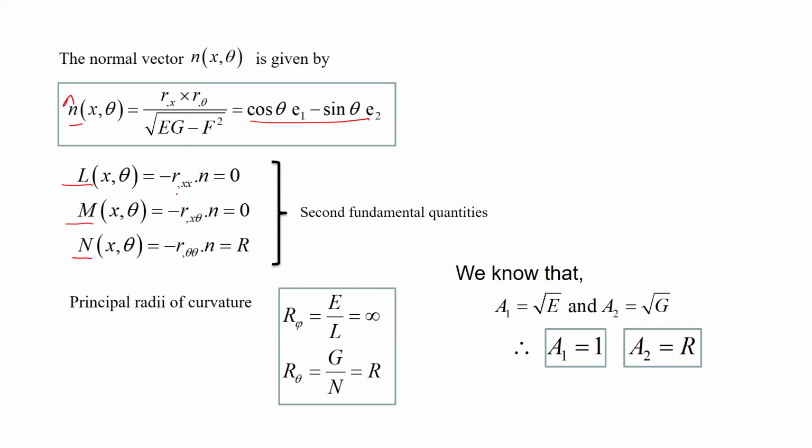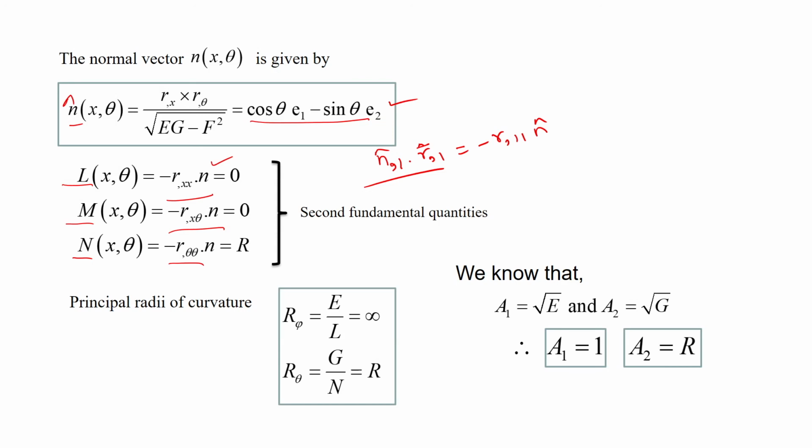So, L can be found using, in actual, n comma 1 dot r comma 1, if you remember. I told you that it can be reduced to r comma double derivative 1 and n hat. So, n hat we have created, and then the double derivative dot product with n, and similarly the mixed derivative and double derivative with theta.